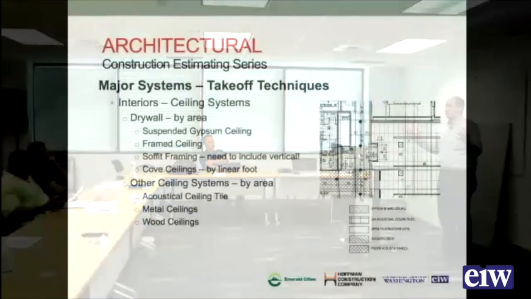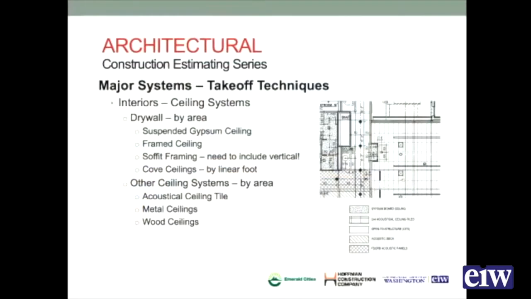The other types of ceilings are going to be acoustical ceilings. You take these off by area. You'll have a suspended ceiling grid, and you'll have ceiling tile in it of differing thickness. So it may be 2x2 ceiling, it may be 2x4 ceiling, it may be 2x6 ceiling, it may be a specialty system like an Optima system, where they may be large panels like 4x8 type systems that are suspended from the structure above.